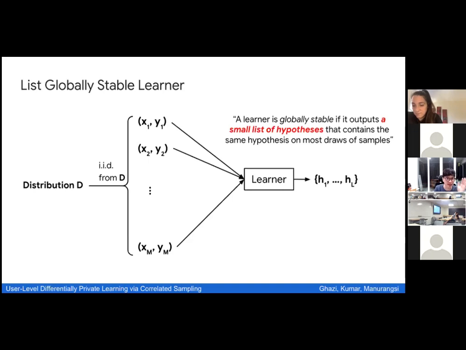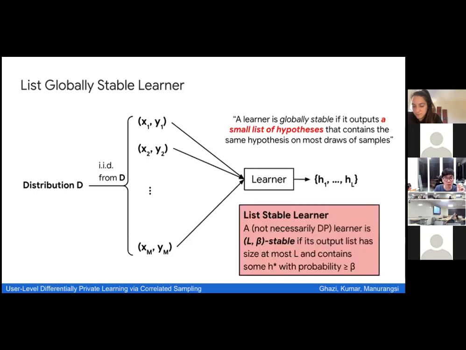The setting is very similar to before, except that a learner is (L, beta) list stable if it outputs a list of size L, and the list contains some H star with probability beta. So now you're more relaxed, right? You're allowed to output a fairly large list. It just has to contain the hypothesis H star that you want. So this is more relaxed compared to the standard stable learner.